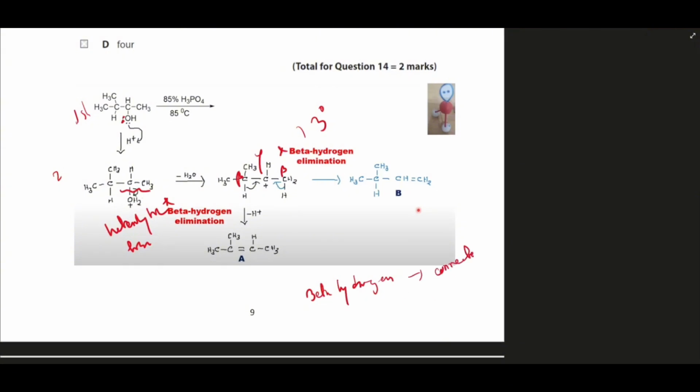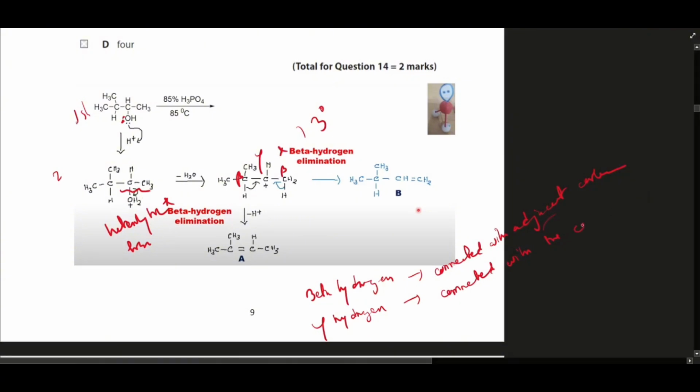Obviously there are two beta hydrogens, you can clearly see.